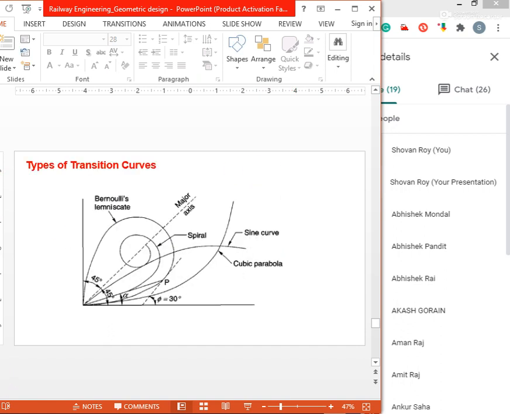And these are the types of transition curve. Many transition curves are there, like the spiral, also called the Euler spiral, Bernoulli's lemniscate, the sine curve, and the cubic parabola.